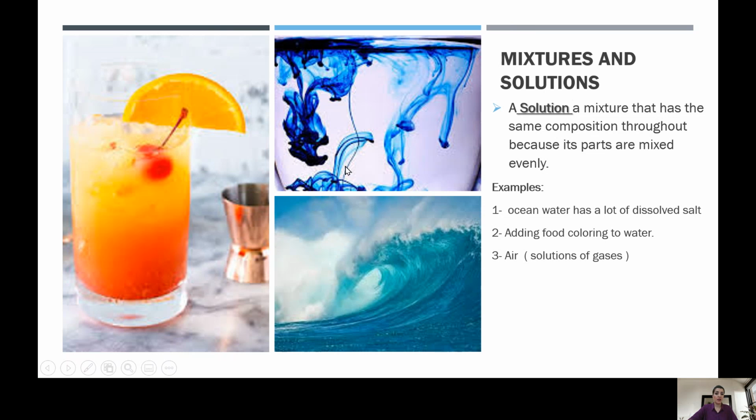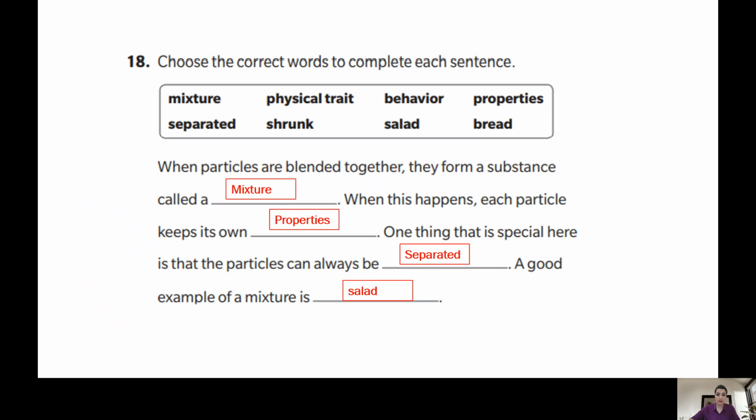If I add food color to water, after I mix them, the coloring will be mixed all over the water, so it will form a solution. Another example is air. The air that we breathe is a mixture of different gases, which is a solution of gases.